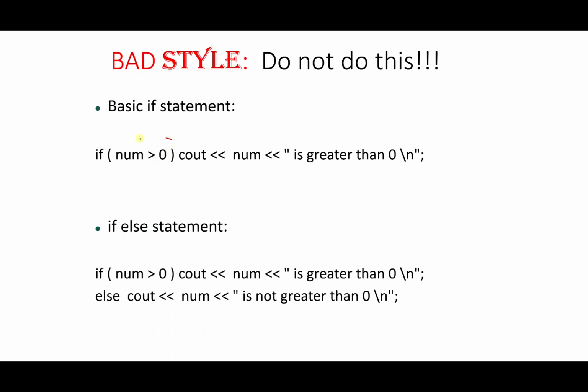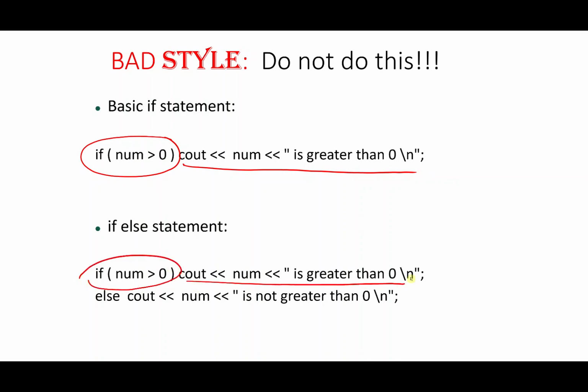You would have if Boolean expression in the same line with the true block, else in the same line with the false block. This is not a good way of writing your code. This is not a good style. This is bad style. It's better to have them separated in multiple lines.